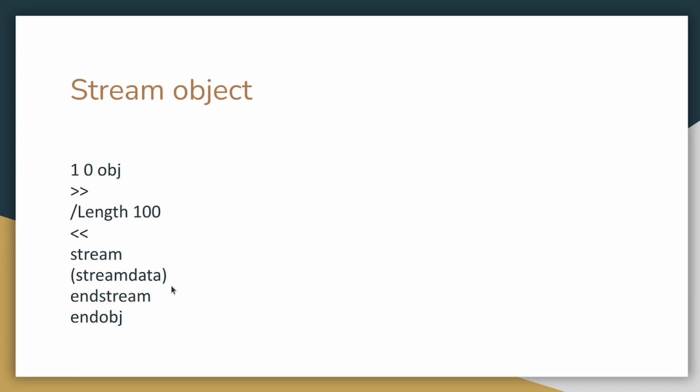Don't be misled by the round bracket stream data. It is not a string. I have not written the actual stream data there. In the coming videos we'll do the actual stream data, so then you will get a clear understanding of how to write stream data.